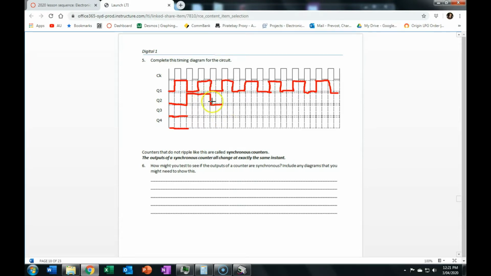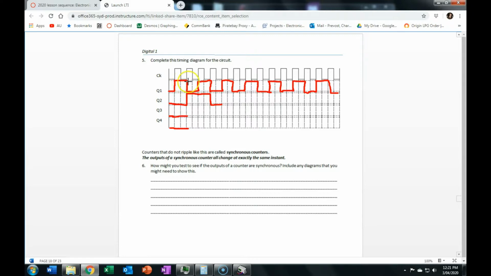So this one, you can see the change here lines up with the falling edge of Q1. And that makes sense when you look at the diagram, because the clocking input of Q2 here is connected to the not Q of the first gate, so not Q1. So when Q1 goes from low to a high, not Q1 goes from high to a low.